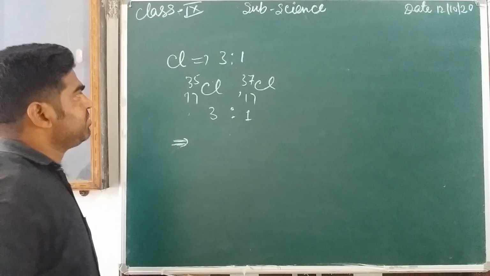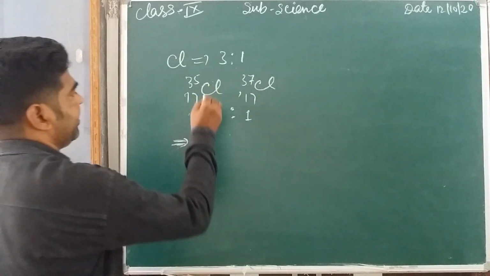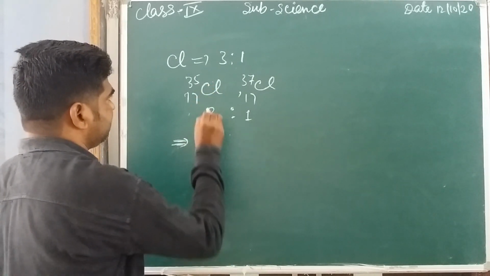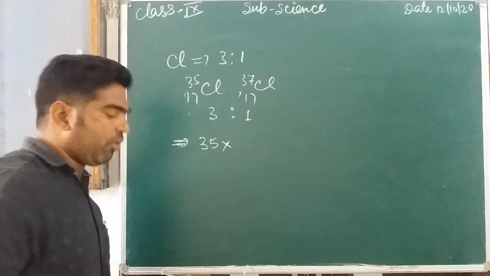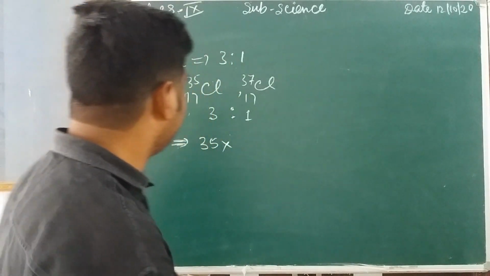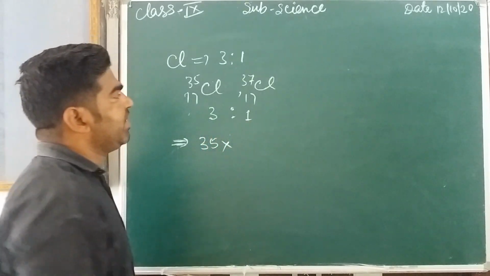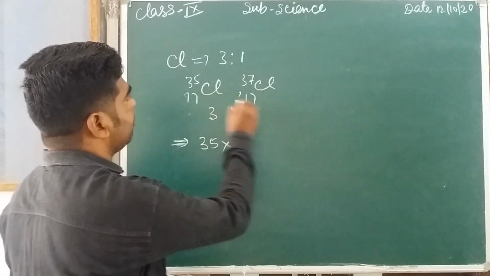So average mass we can calculate by multiplying the mass number with the percentage. 3:1 means how much percentage of this chlorine?